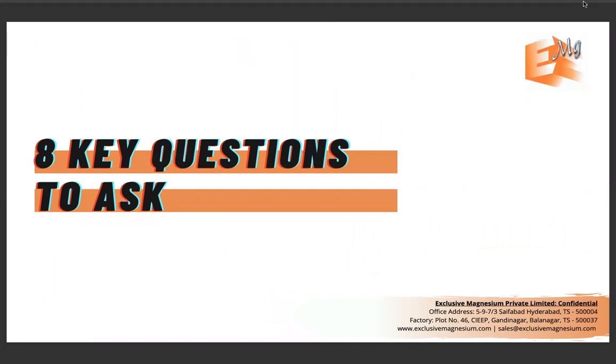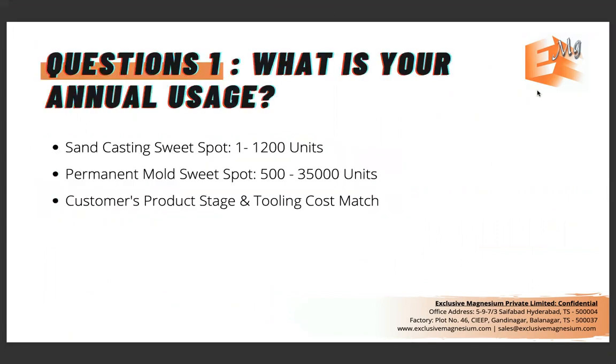Okay. So we'll get into the 8 key questions that all manufacturers and clients should be asking each other, and that would solve a lot of the problems. The first question, to decide whether sand casting, permanent mold casting, or another process suits you, is: what is your annual usage? I think this should be disclosed upfront.